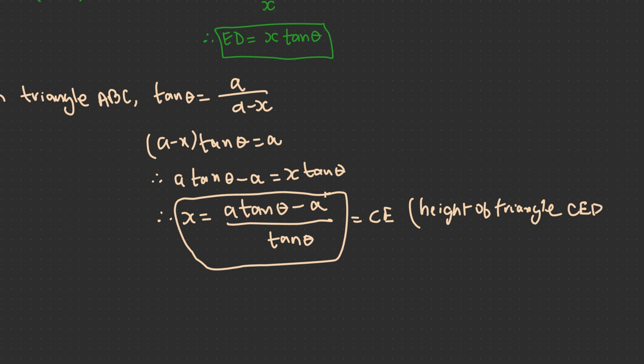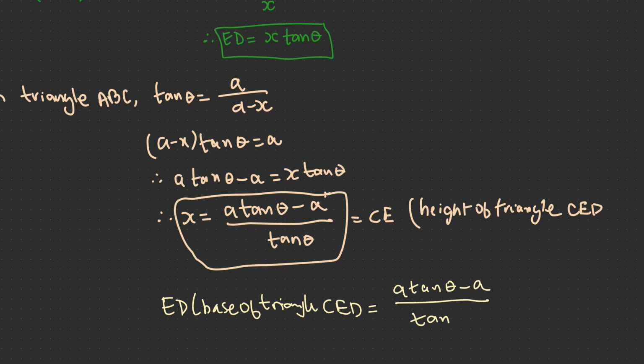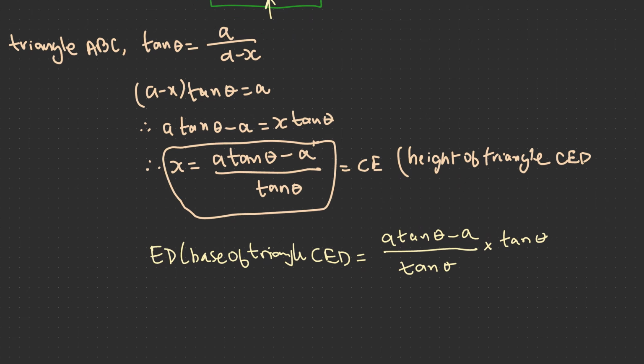So I can write ED would be X times tan theta. That means A tan theta minus A over tan theta multiplied by tan theta. So we substitute X here. So then that is equal to A times tan theta minus A.